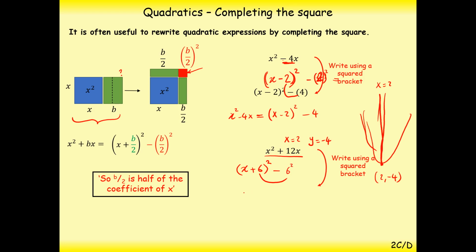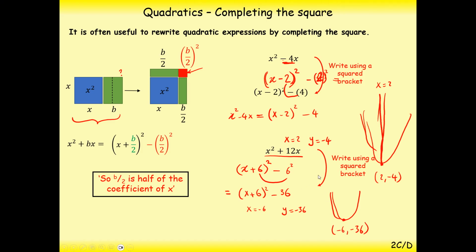So we end up with x plus 6 squared minus 36. What does this tell us? This tells us that the turning point of the graph is x equals minus 6 and y equals negative 36. So minus 6, minus 36 is the turning point of the graph.